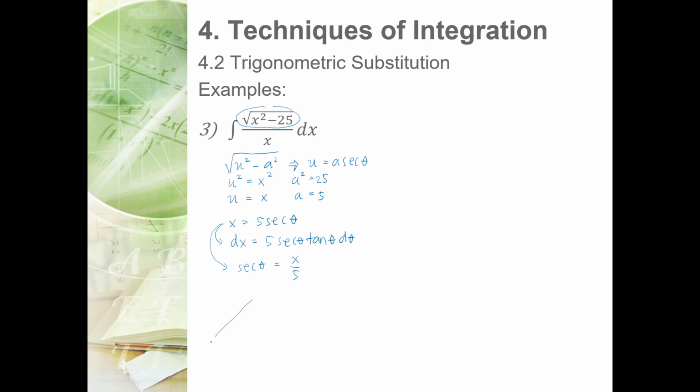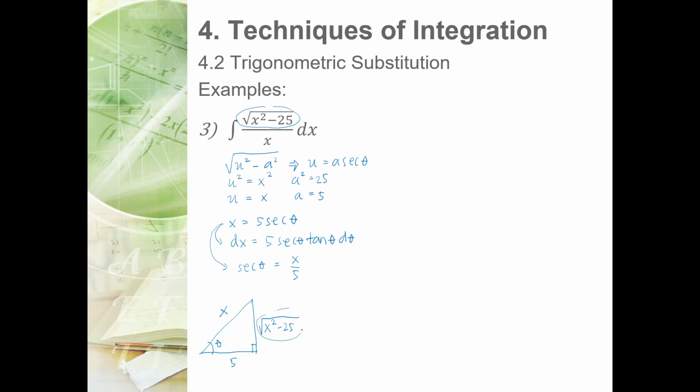And then draw the right triangle afterwards. Secant is hypotenuse all over the adjacent side, so x here and then 5 here. Meaning the other leg by Pythagorean theorem is the square root of x squared minus 25.